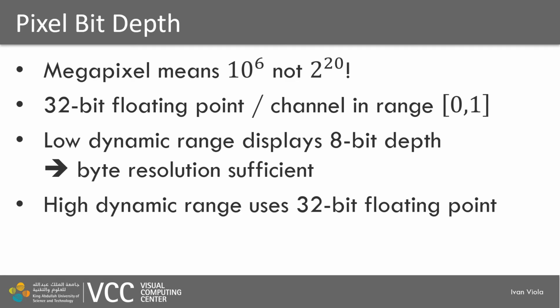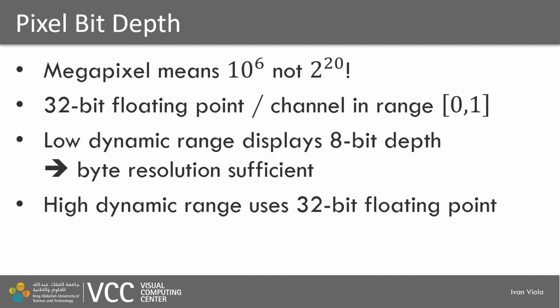This is, however, not the case for megapixels. Here, 1 megapixel means 1 million pixels. It is a small difference, but one should be aware of it.